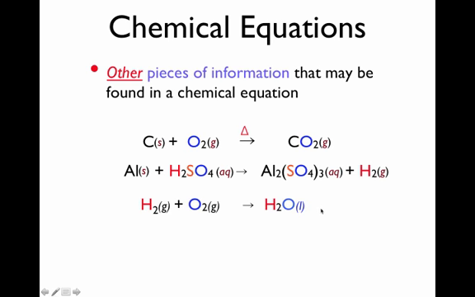Here, we've already seen this equation, but it contains one additional piece of information. Hydrogen gas plus oxygen gas, if you heat it up, I forgot to put the little triangle here, will make H2O, and now you see parentheses L. The L stands for liquid. What this is basically saying is you'll make liquid water.